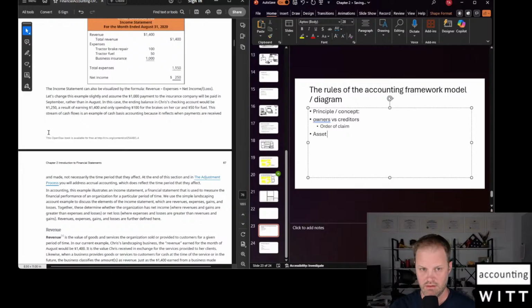Asset, value, realization, and recognition, and then double entry accounting and the balance and the big center line. Got to figure out a name for that. Okay. Anyways, these are breadcrumbs for me to start next time.